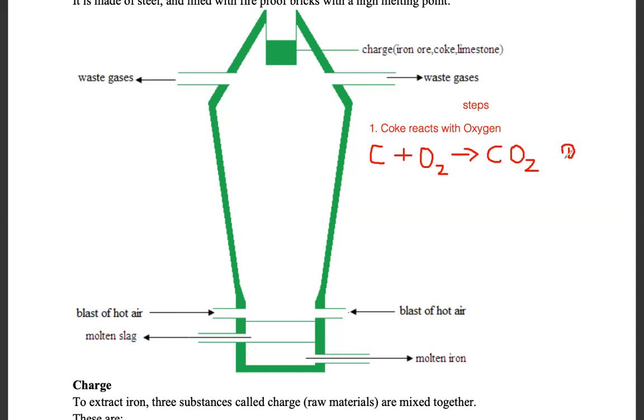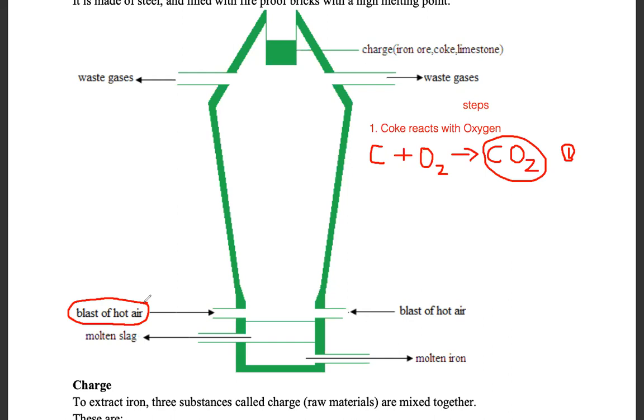This reaction is very important. Why is it important? Because this carbon dioxide which is produced, we are not throwing it. We'll come and use it again. So this is the one they're calling a blast of hot air, which is pumped back into the chamber.